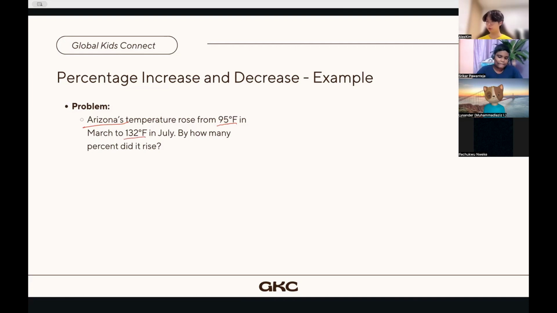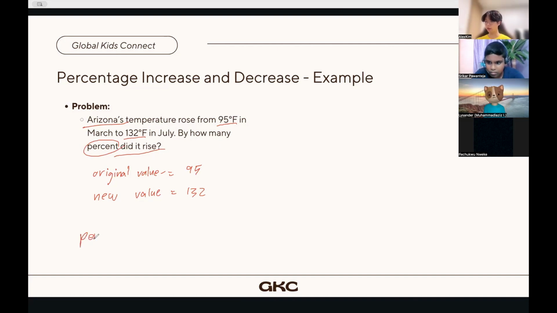So, right off the bat, we are given the original value, which was 95, and then we are also given the new value, which is equal to 132. And the question asks by how many percent did it rise? So we can use our formula from the previous slide to find the percentage change.